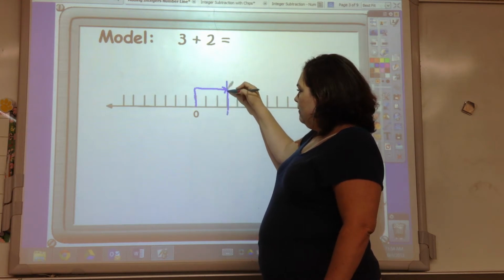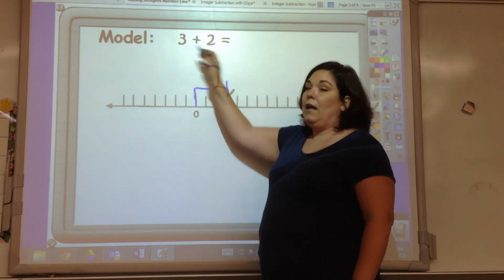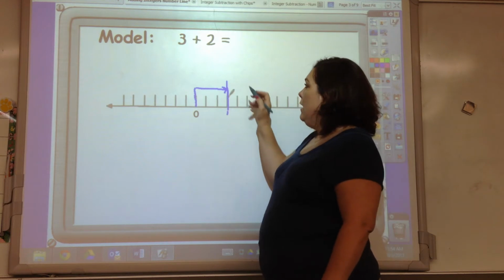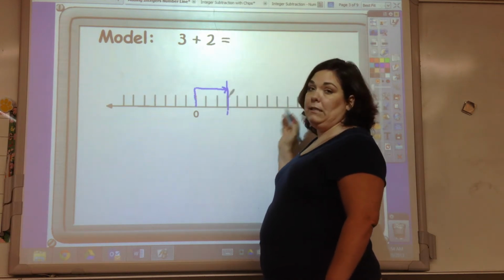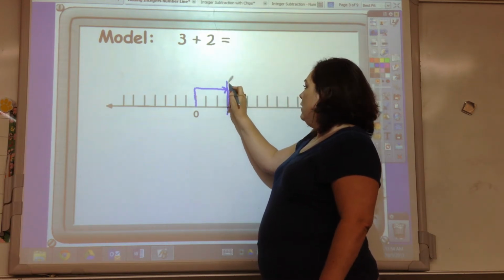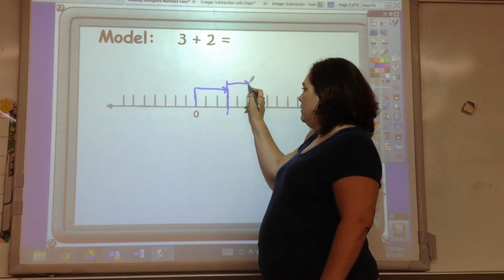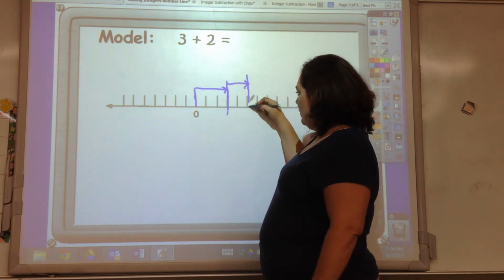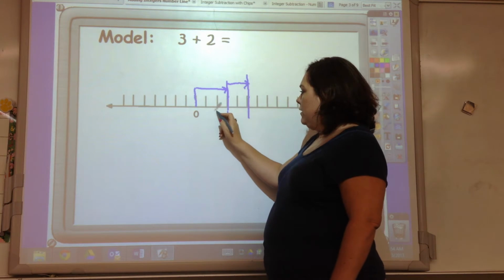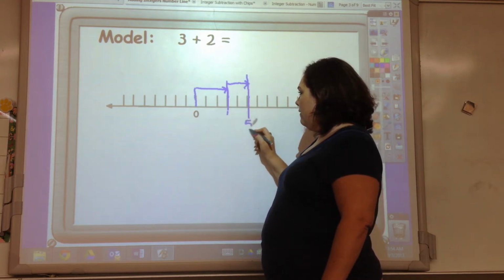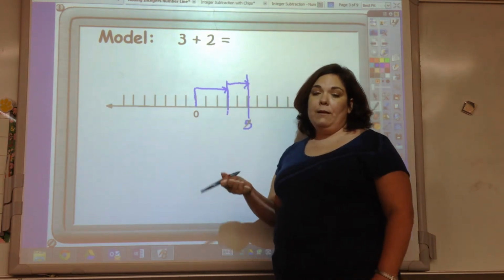And then I'm going to show that I'm adding 2 more. And the 2 is positive, so I'm going to continue in the same direction. And so I go 1, 2. And so my answer is 1, 2, 3, 4, 5. And we know that 3 plus 2 is 5.